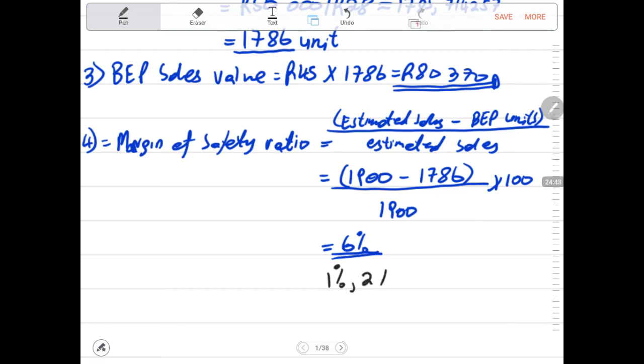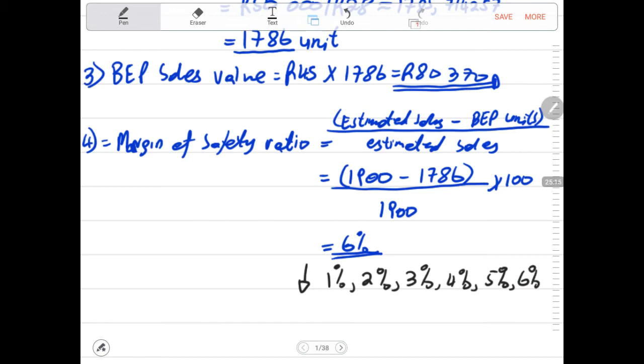Sales decrease by 2%, the company is still making a profit. Sales decrease by 3%, 4%, 5%, the company is still making a profit. Sales decrease by 6%, the company is at the break-even point now.